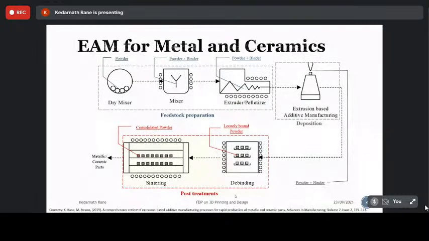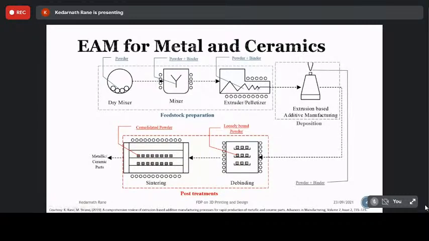This is a schematic that I took from my review paper. It gives a brief introduction of the process steps, where we start with feedstock preparation. The feedstock is a mixture of metal powders, polymers and non-metallic constituents so that it can be extruded or deposited. We will cover some of this in the coming slides.